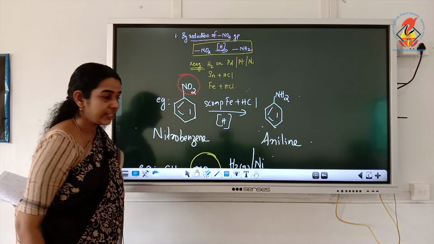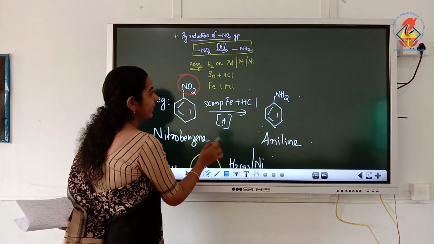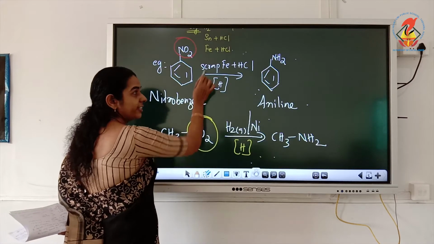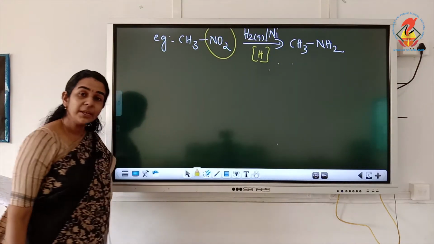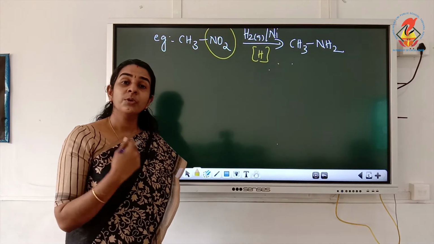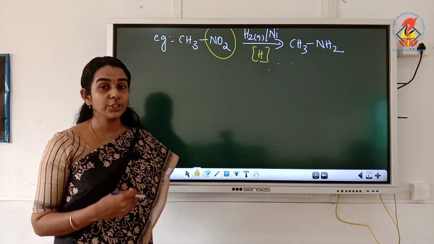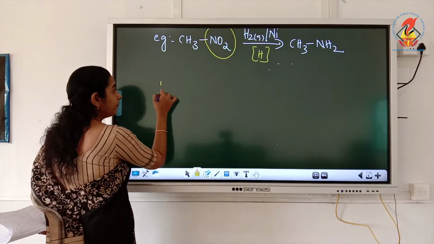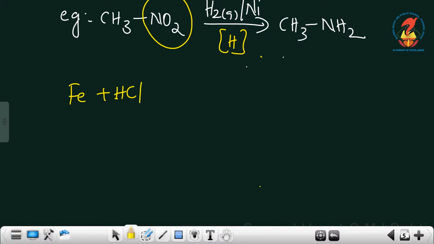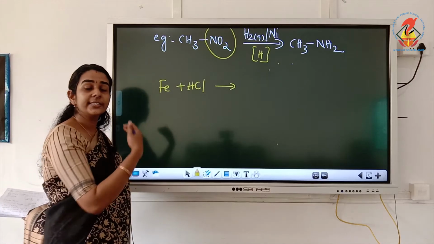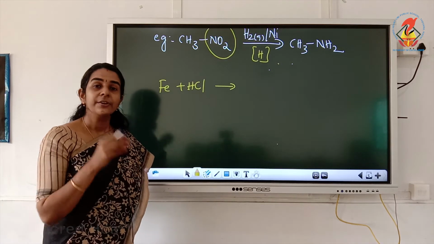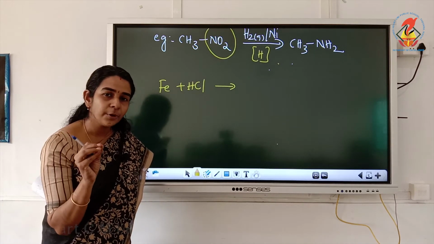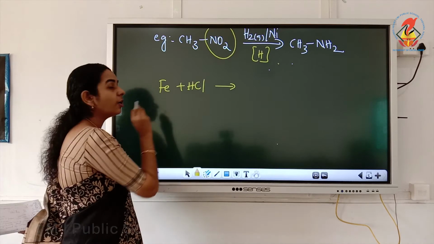Among these reagents, scrap iron and HCl is the most preferred reagent for the reduction of nitro group. Very important question, note down, the most preferred reagent for the reduction of nitro group is scrap iron and HCl. The reason is, if we want to use scrap iron and HCl as the reagent, we need to take only a small amount of hydrochloric acid along with scrap iron.